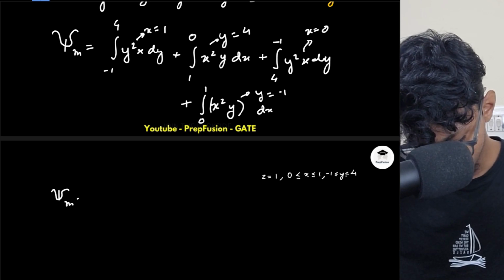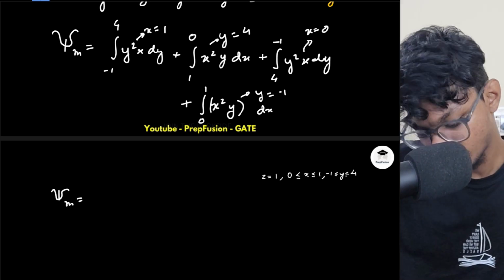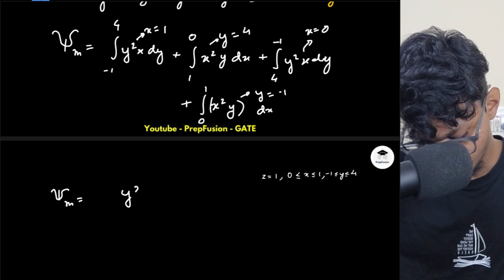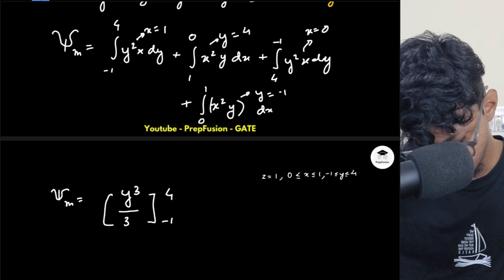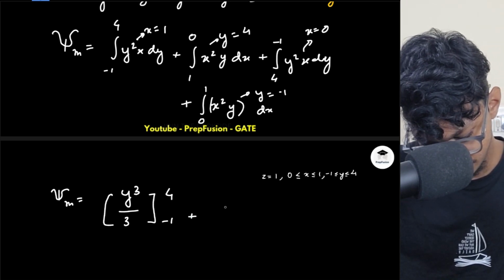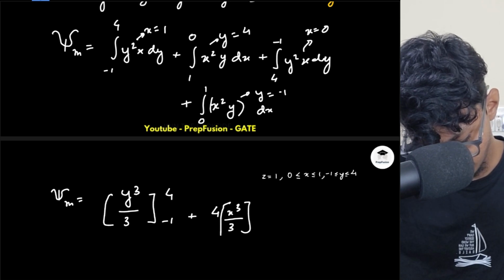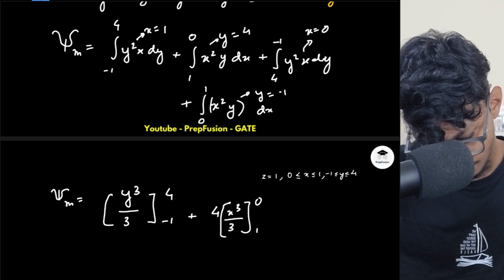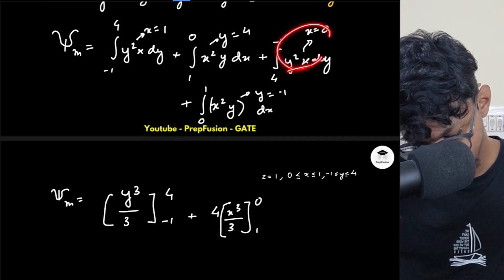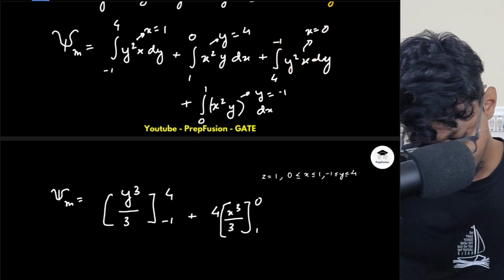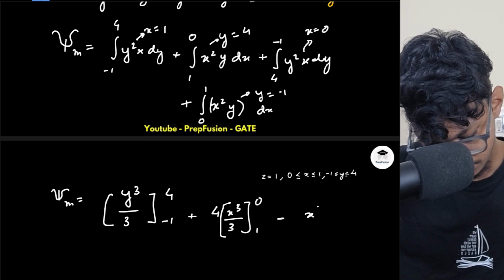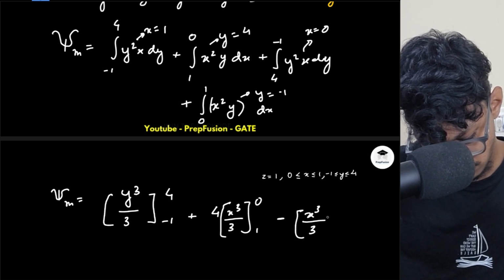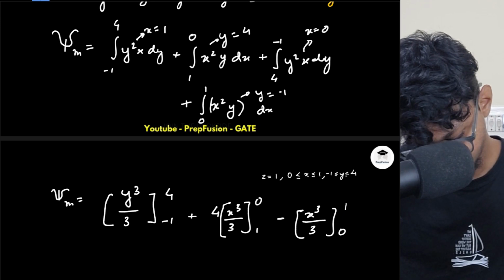My overall flux: this one will become y cube by 3, from -1 to 4, plus this one will become 4x cube by 3, from 1 to 0. This one will be 0 simply because x is 0, and for this one, y is -1, so minus x cube by 3, from 0 to 1.